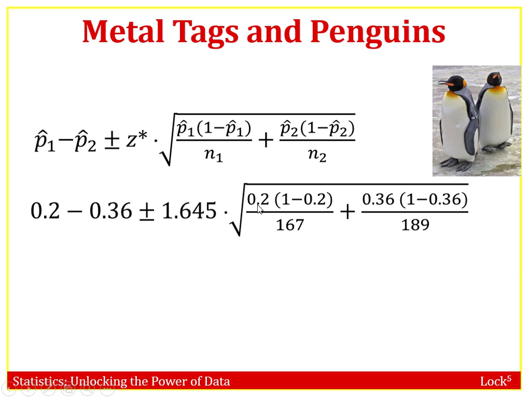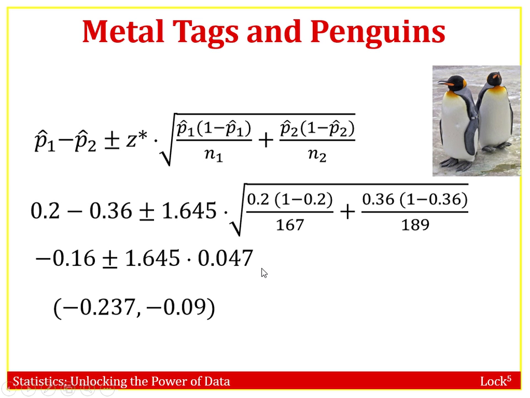Then we take our first proportion times 1 minus that first proportion over the sample size, plus the second proportion times 1 minus the second proportion over the sample size of that one. So the 0.2 minus the 0.36 gives us negative 0.16. Bring down our z star, plug this whole ugly looking root into our calculator, and we get this.